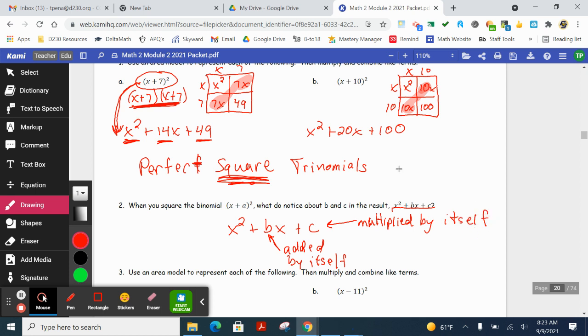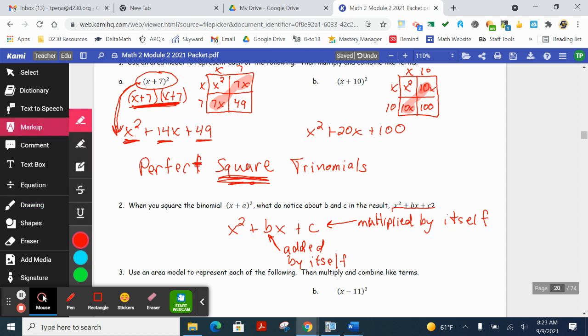Now we want to define kind of what it is, added by itself and multiplied by itself. So if we look at this, what was added by itself and multiplied by itself up here, Ben? What number? 7. Yeah, so this 7, if I just did 7 plus 7, doesn't that give us the first term when he says that you're going to add it by itself? And then if I took this 7 and I multiply it by itself, wouldn't 7 times 7 give you that 49?